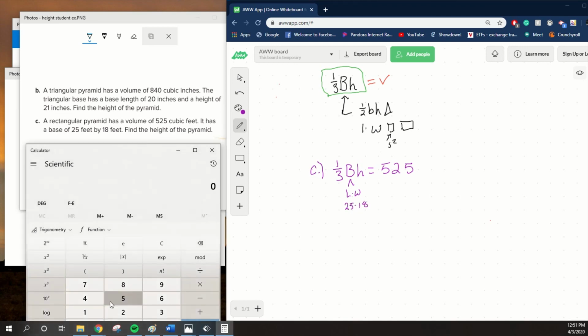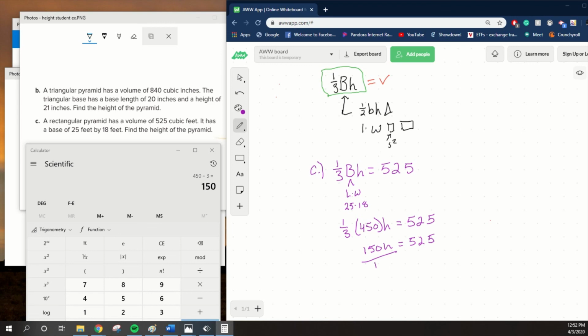So let's go ahead and find that. 25 times 18 equals 450. So we have 1/3 times 450 times our height is equal to 525. So I'll take this 450, I'll divide it by 3. That's basically multiplying it by that 1/3. So we have 150 h is equal to 525.